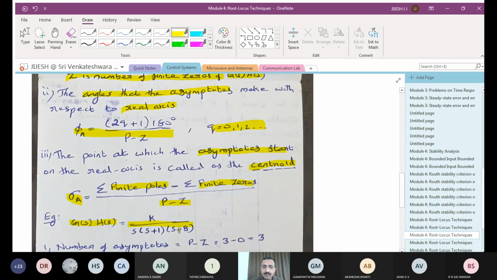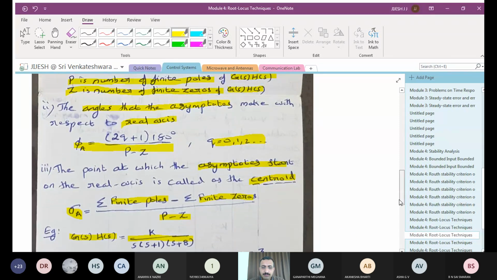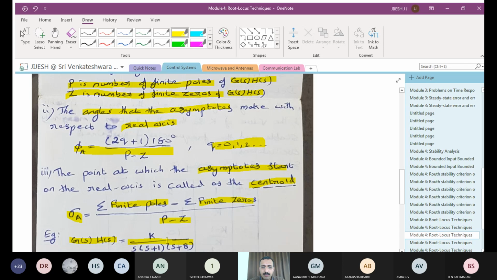So let us take this example, K divided by s into s plus 1 into s plus 8. How many poles are there? How many zeros are there? In this function, how many zeros are there? Numerator is zero and denominator is poles. Zero, yes. And how many poles are there? Three poles.